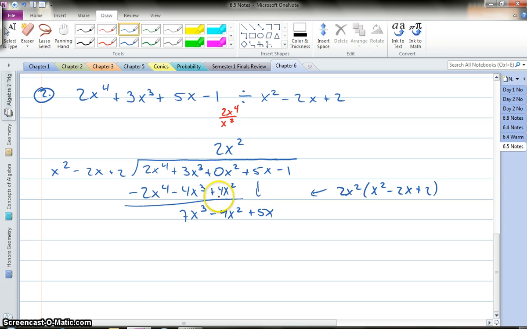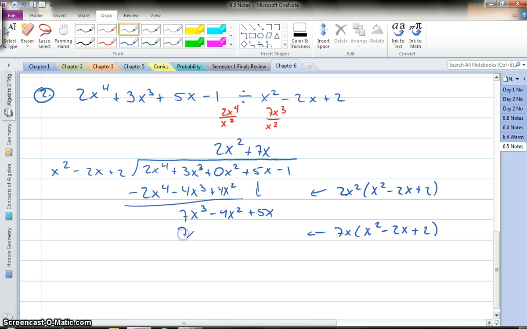Alright, then we take 7x to the third is my lead now. 7x to the third over x squared. So that gives me plus 7x. Multiply it out. 7x times x squared minus 2x plus 2.